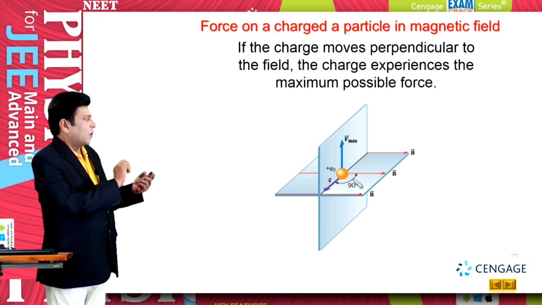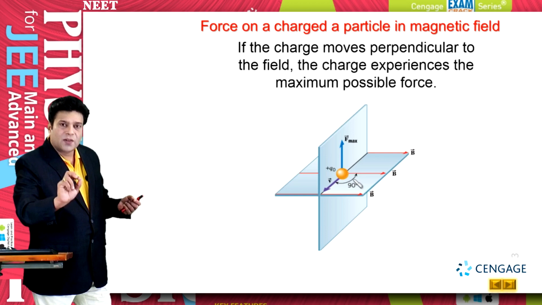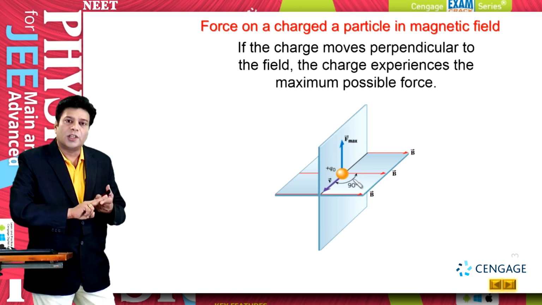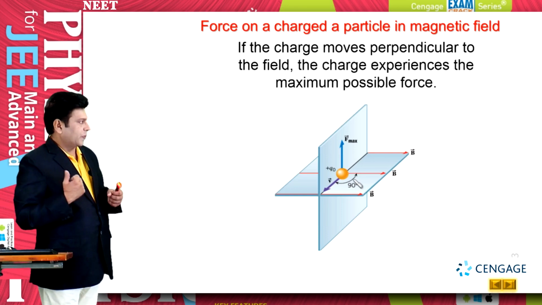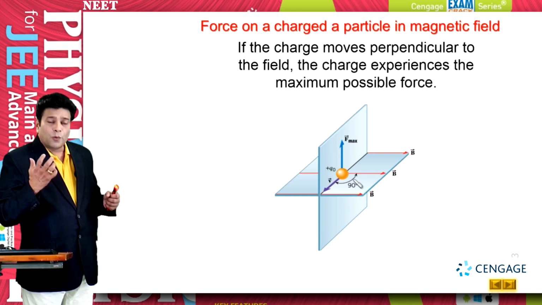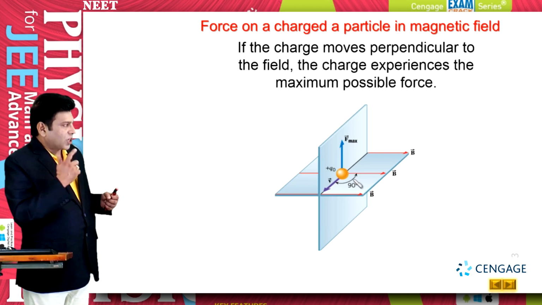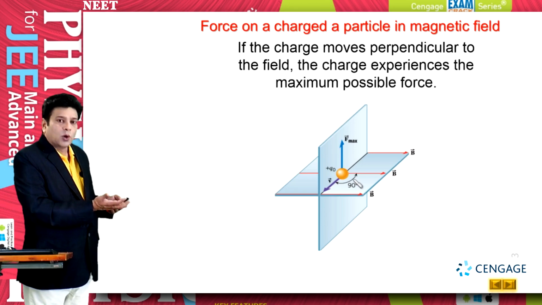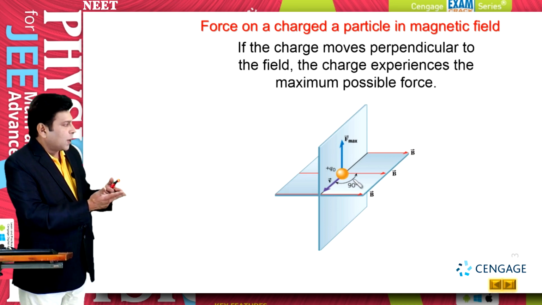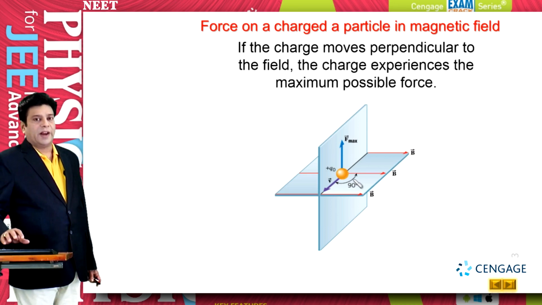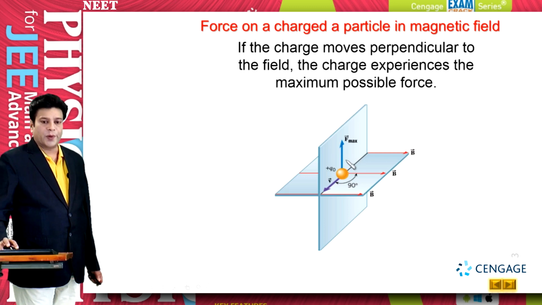That means if the velocity vector and the magnetic field vector are perpendicular to each other, the force experienced by the charged particle is maximum. And one very important observation is that the force acts on the charged particle perpendicular to the plane which contains the magnetic field and the velocity vector. You can follow the diagram, right?